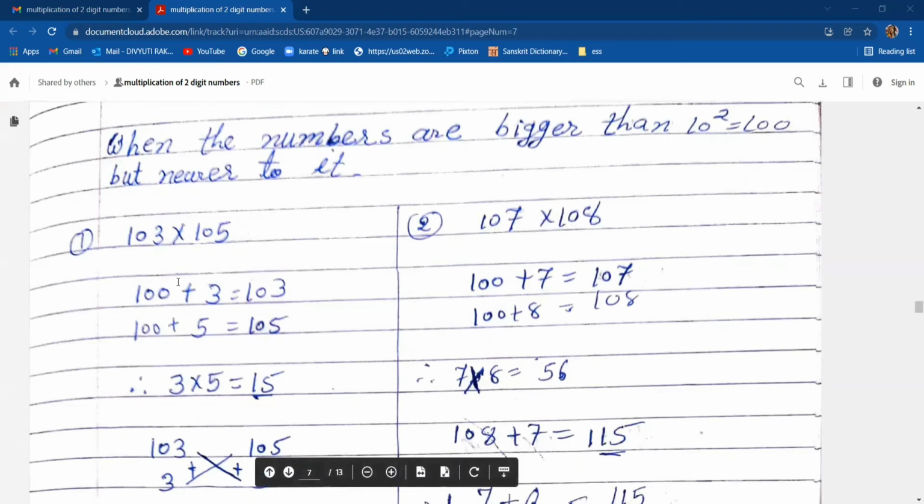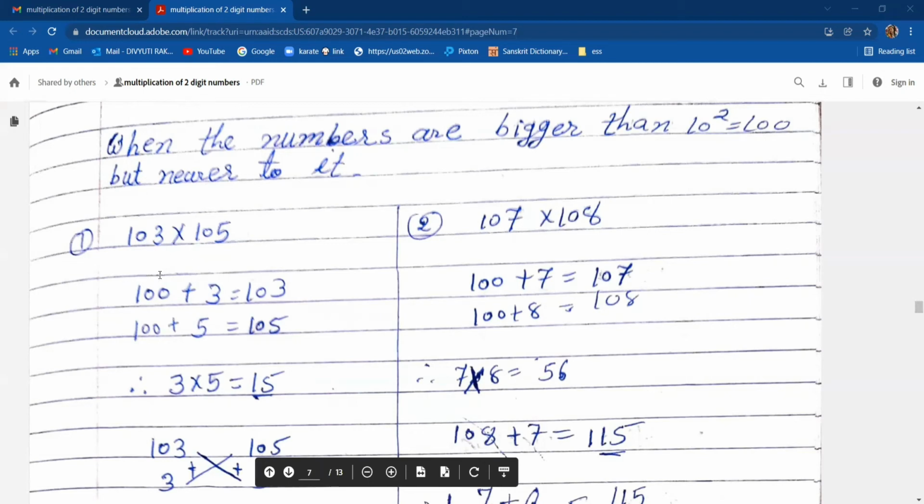In the previous method, when numbers are smaller than 100, what were you doing? You were doing subtraction of that particular number. Here also you have to do subtraction, but from 103 you need to subtract 100. So whatever remainder you get, that is 3.